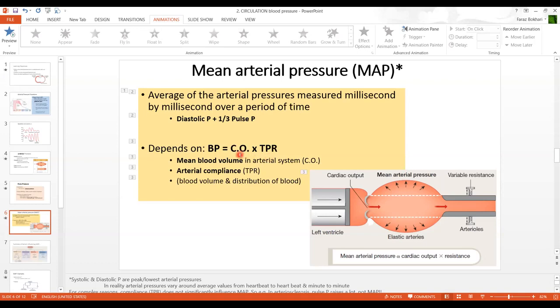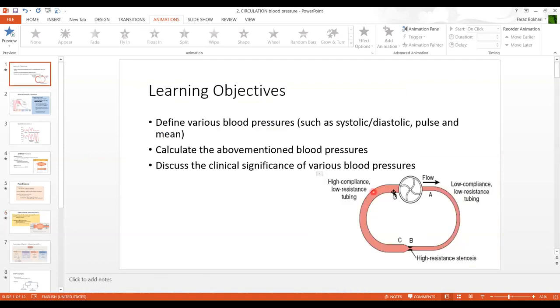So, let's go back to the basics. Blood pressure in the arterial tree here is a product. It depends on what it gets from the heart, that is cardiac output, and what is the resistance or the capacitance of this tree itself, which is the TPR.